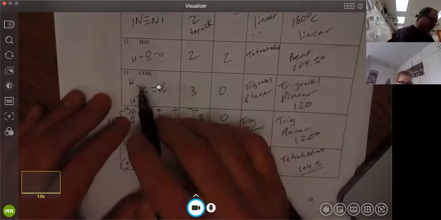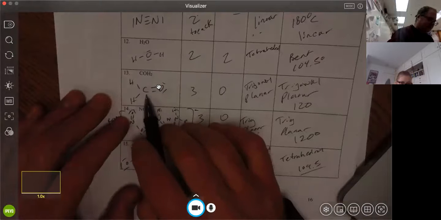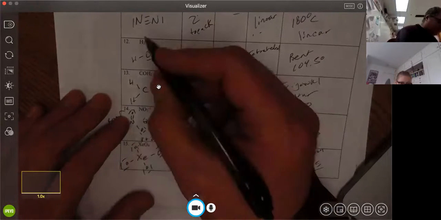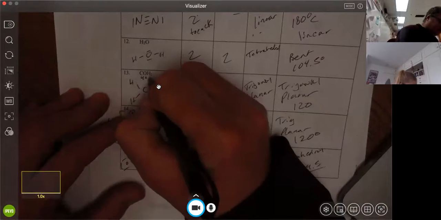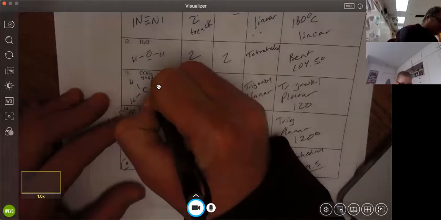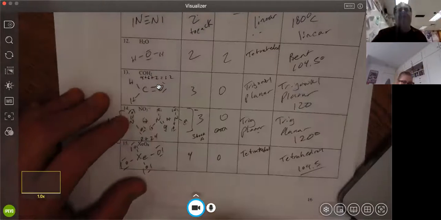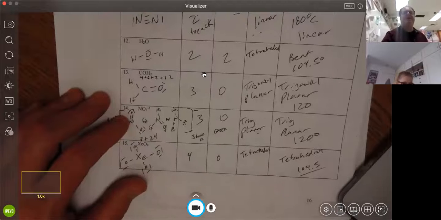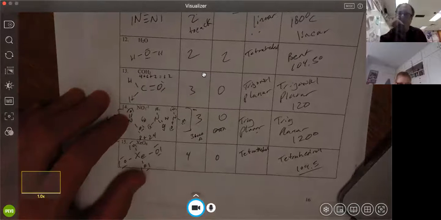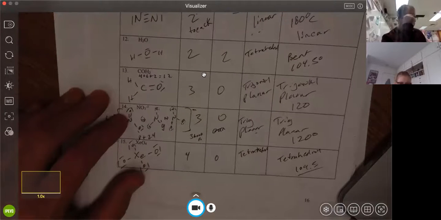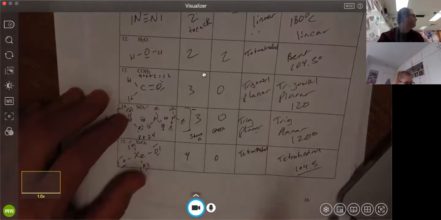When we do it, we have 2, 4, 6, 8, 10, 12, 14. But when we add this up, 4 plus 6 plus 2 equals 12. So we end up having to make a double bond. We can't make it between the hydrogen and the carbon because hydrogen only gets 2. So we end up having to make it, yep.